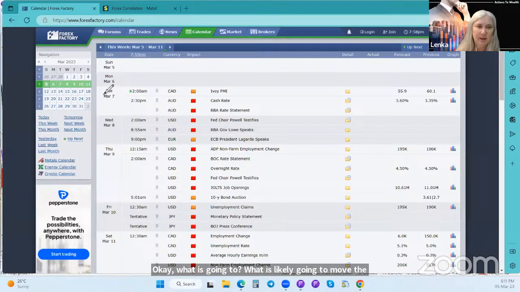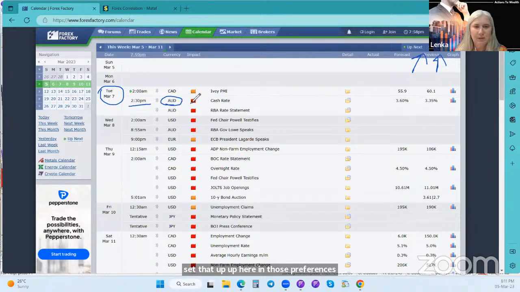And I can see that on Tuesday at, well, that's 2:30 my time, whatever time that is at your location, you can set that up here in the preferences, I'm looking at the AUD cash rate. Okay, that's high impact news and the RBA statement, which are likely to move the market.